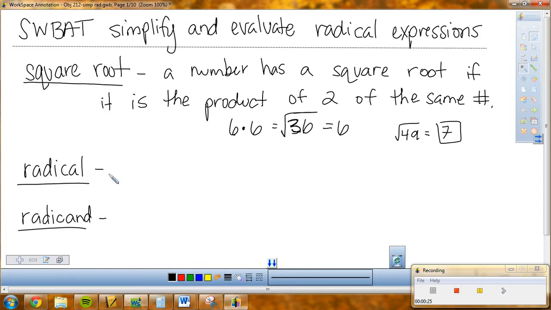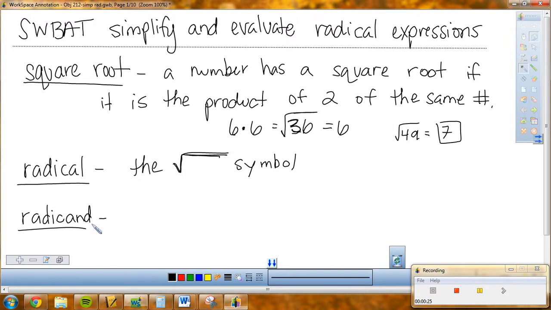So involving square roots, we now have terms to talk about these square roots. So the radical is what we call that symbol. So this symbol is a radical. That's the symbol.